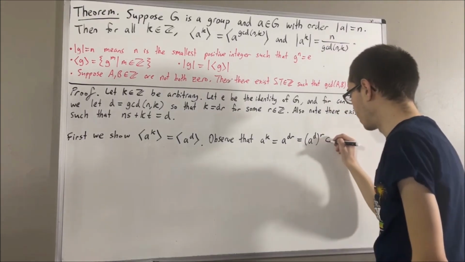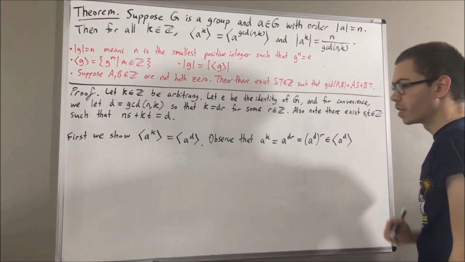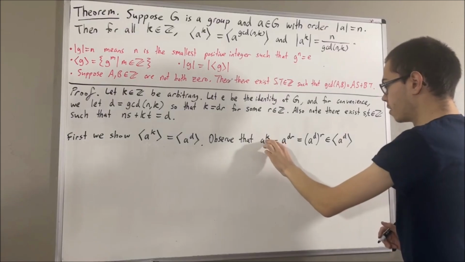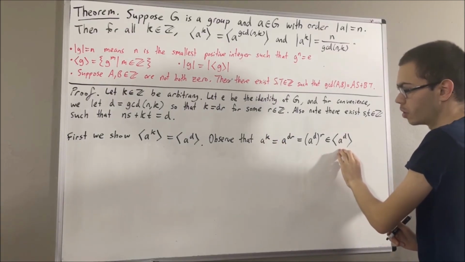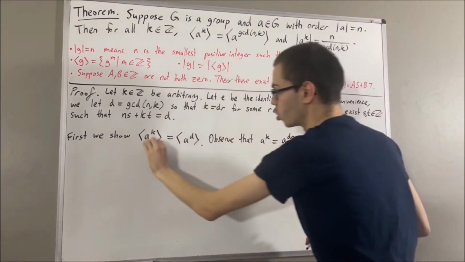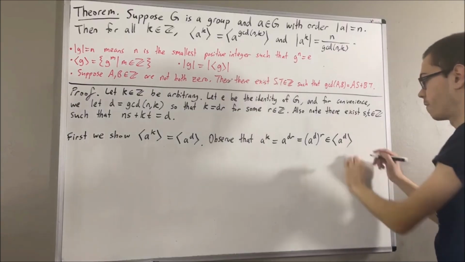So this must be an element of the group generated by a^d. So this shows that a^k belongs to the group generated by a^d. So we can conclude that the entirety of the group generated by a^k must belong to the group generated by a^d.